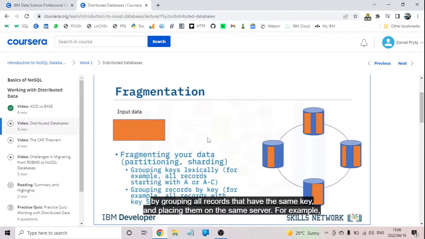Either partitioned alphabetically, or by matching the same keys with one another.